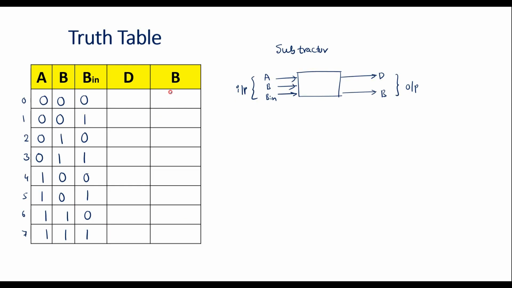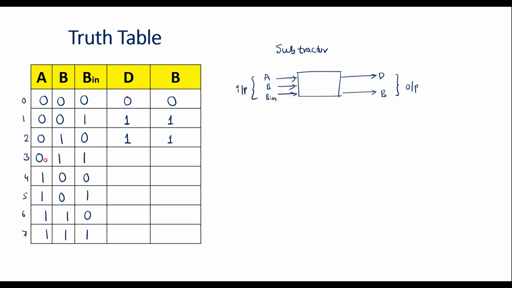So now let me write the possible outputs. For 0, 0, 0, difference is 0, borrow is 0. For 0, 0, 1, 0 minus 0 minus 1 gives difference 1 and borrow 1. For 0, 1, 0, here also difference is 1, borrow is 1.